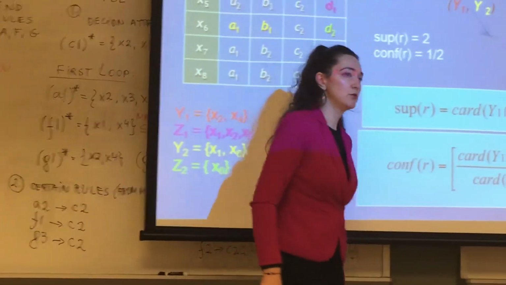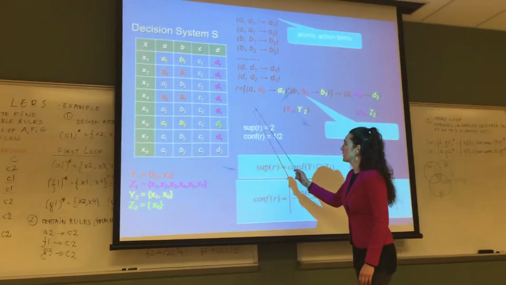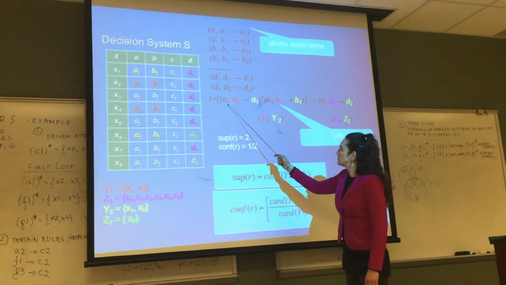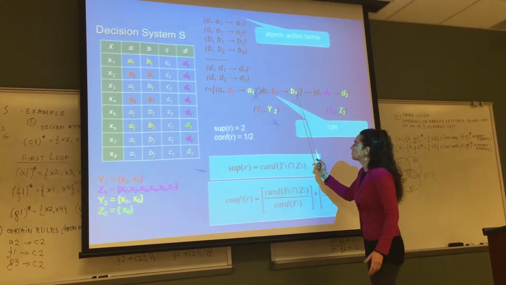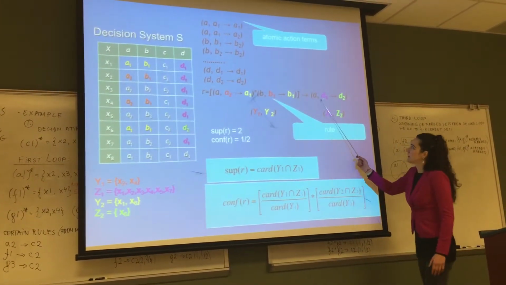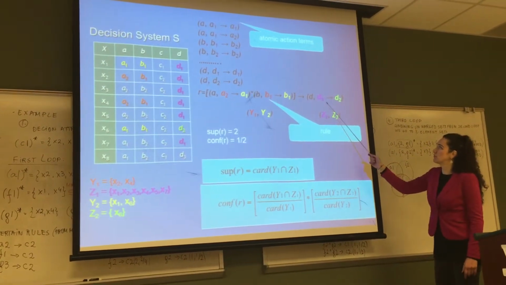Now, when we have an action rule, it's a little bit more complex than that because it says if A will change from 2 to 1 and B will stay the same, then D changes from 1 to 2.